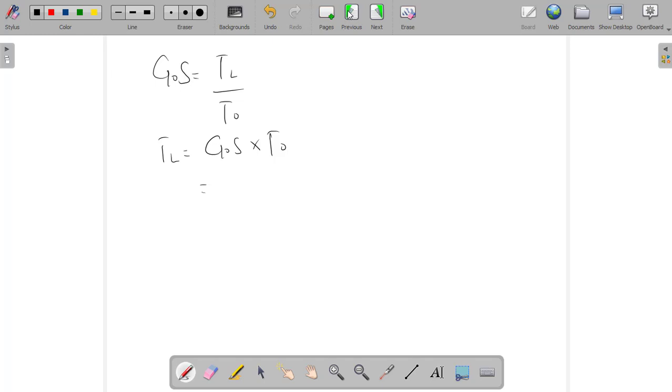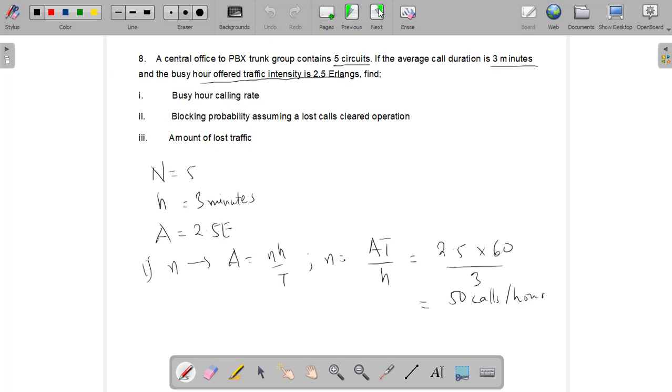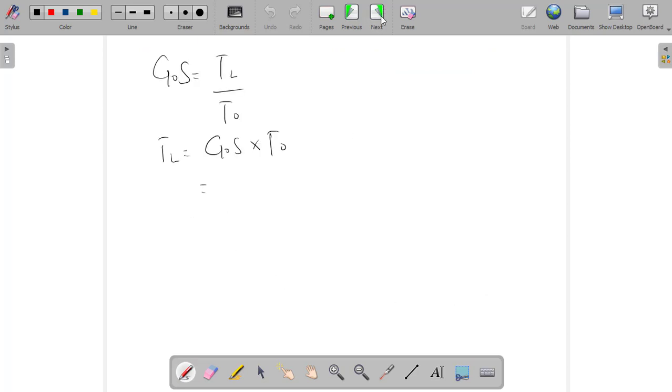Our offered traffic from the question was 2.5 erlangs, and then our grade of service was 0.0697. So 0.0697 times 2.5 gives us 0.174 erlangs. So in effect, we've been able to solve this question, which is also quite straightforward.